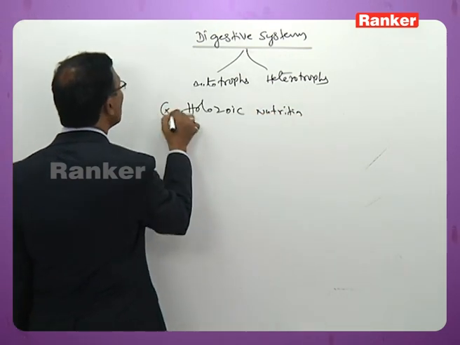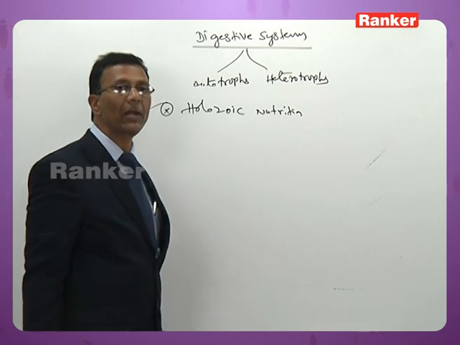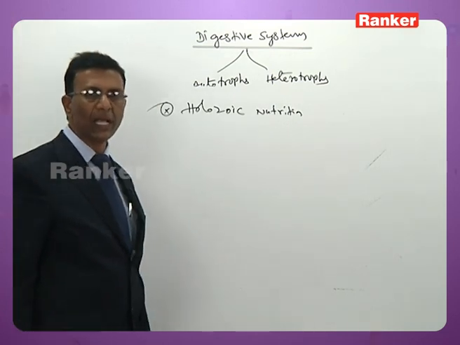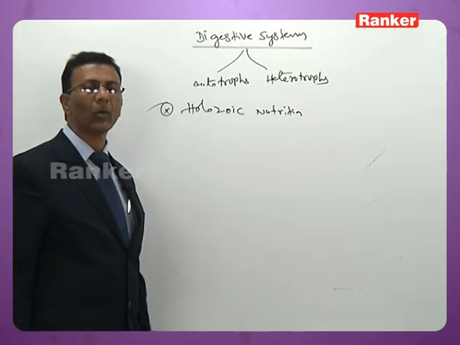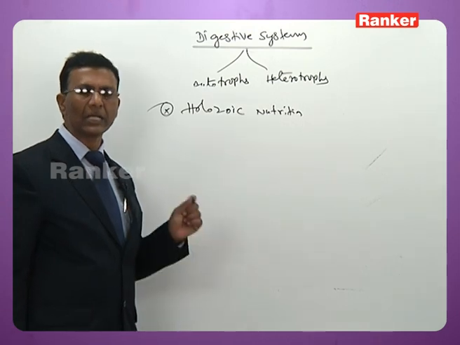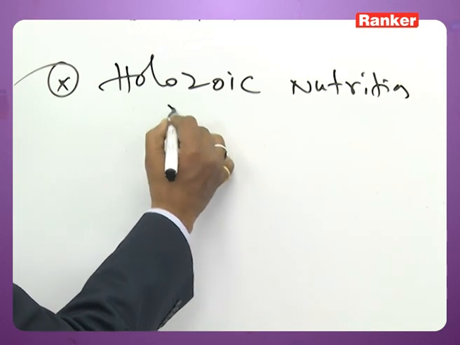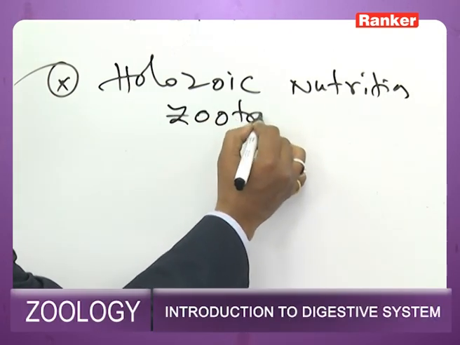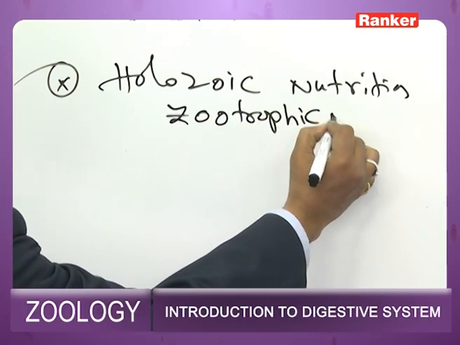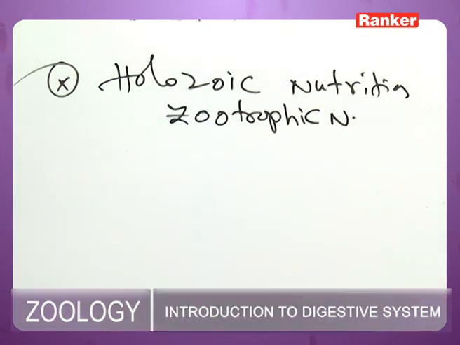What is holozoic nutrition? The mode of intake of solid food. If the organisms take solid food, you call that the holozoic mode. The principal food is the solid food. Holozoic nutrition is also called zootrophic nutrition.